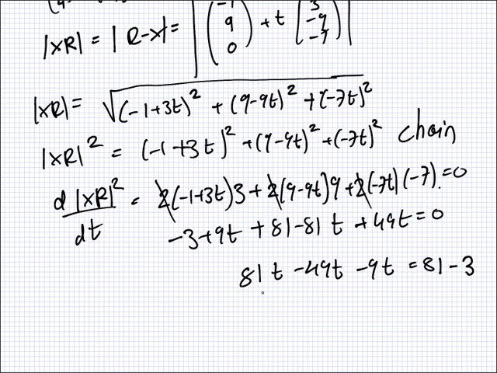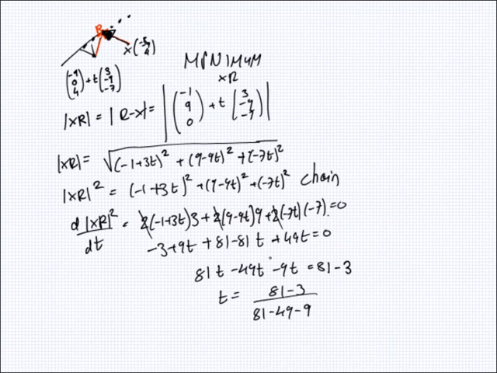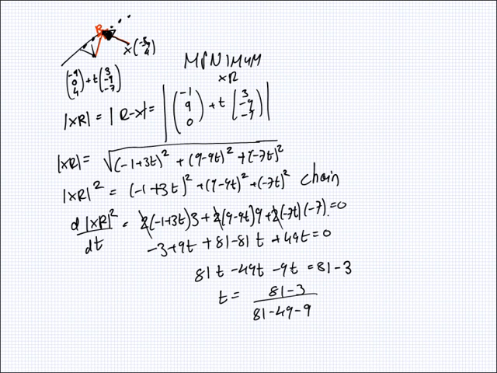So t equals 81 minus 3 over 81 minus 49 minus 9. That's 78 over 23. So to finish, Ben, look please.